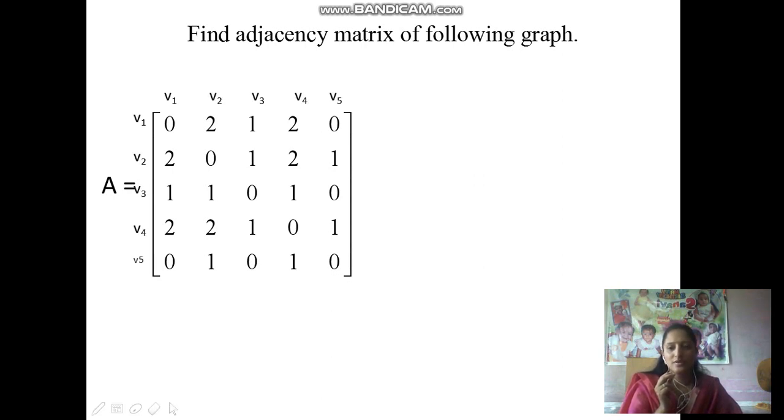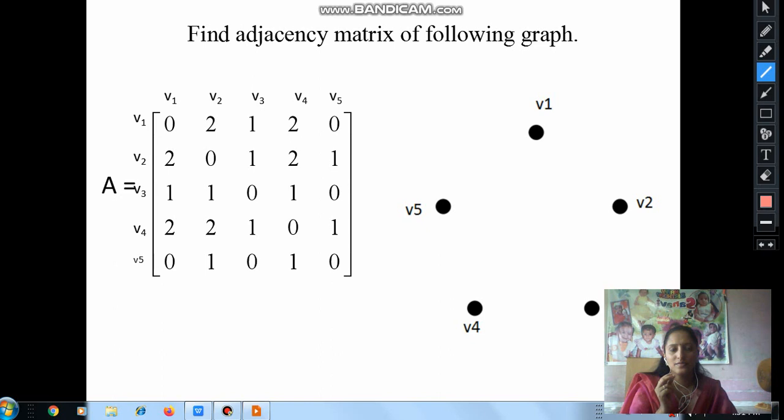Okay, so we name the columns and rows V1 to V5. Here also V1 to V5. This is very helpful for drawing the graph. Now here there are 5 vertices V1, V2, V3, V4 and V5.